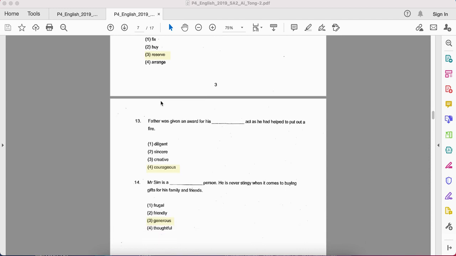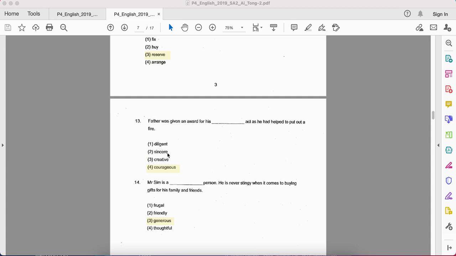Question number 13. Father was given an award for his blank act as he had helped to put out a fire. Now, this is obviously a brave thing to do when you think about it. You help put out a fire. Okay, father helped do that. So let's look at the answers that we have here.